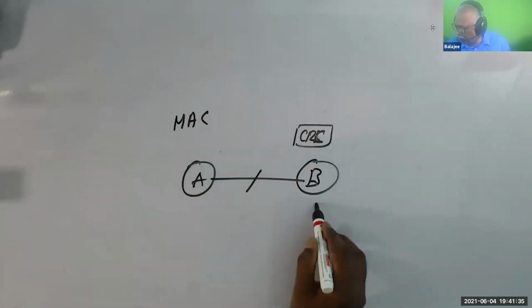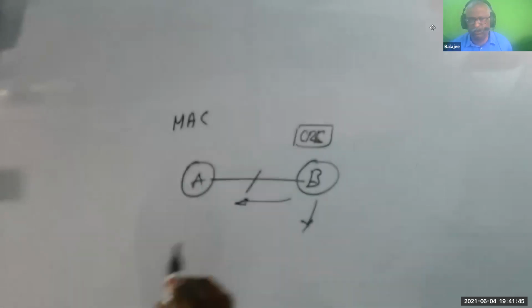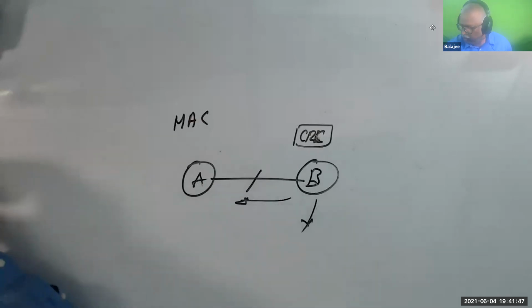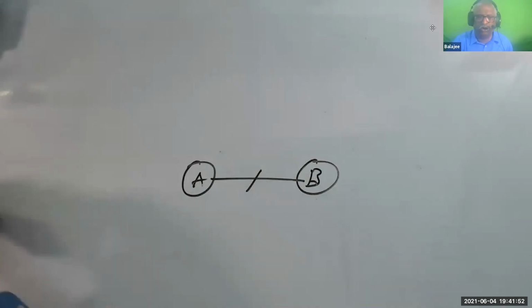That guy will just drop the packet. He keeps quiet. He will not bother to tell A in the Ethernet that I have not received, no acknowledgement at all. So the packet is dropped, and nobody bothers why the packet is gone.